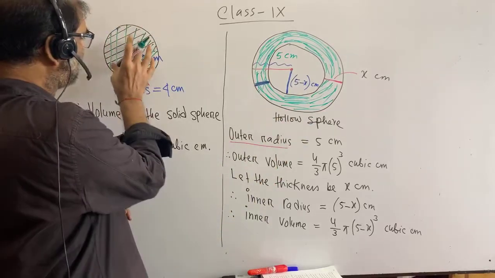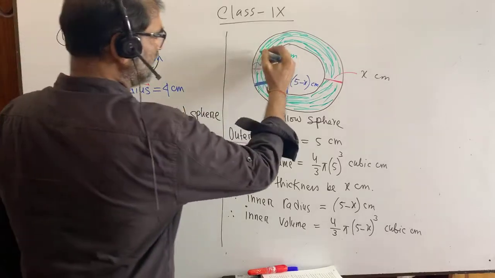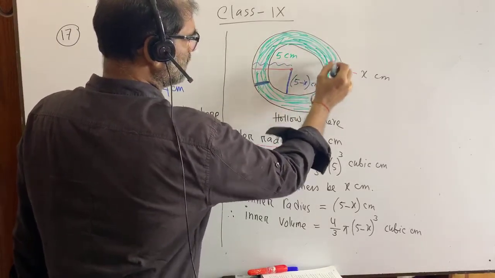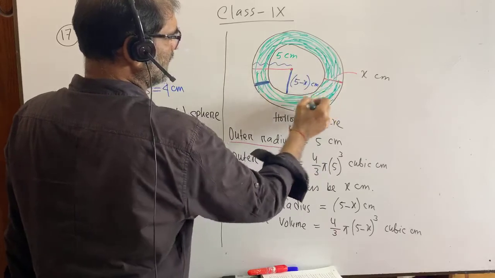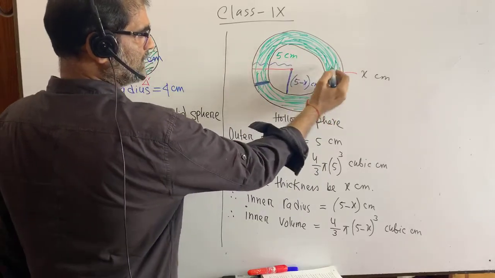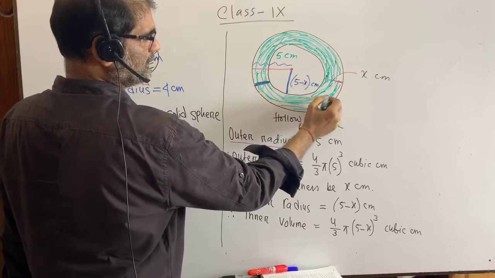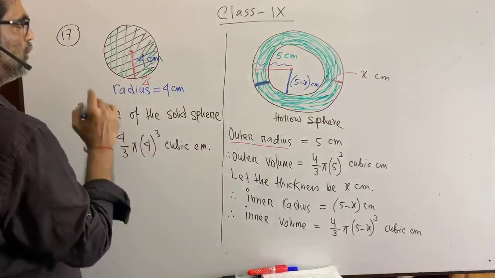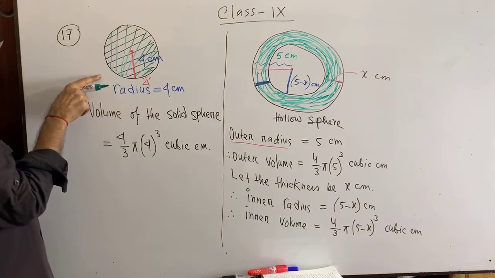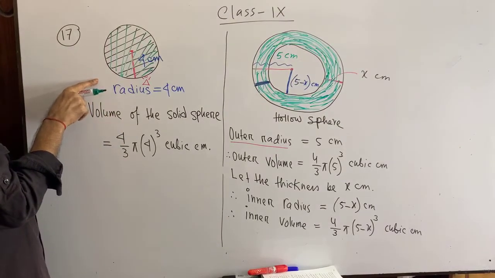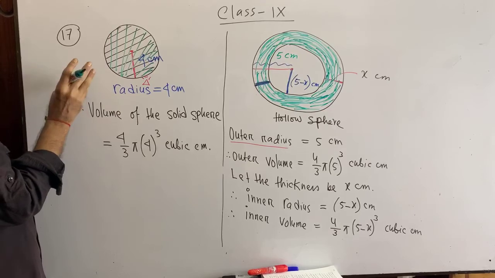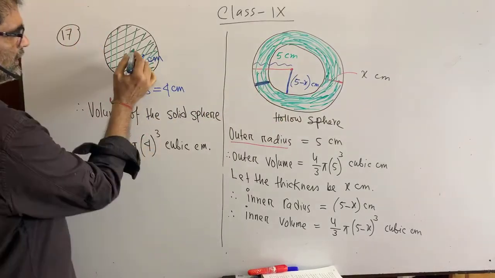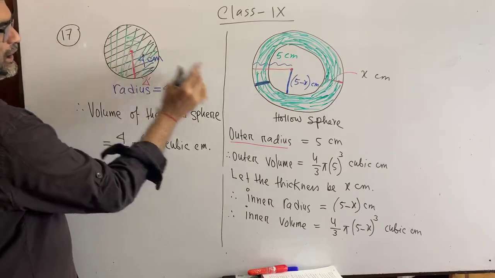Now this iron and the iron used here, their volume will be the same, right? This iron's volume is equal to the volume of the first sphere, the solid sphere. It is a solid sphere and it's a hollow sphere. So this iron has been used here.